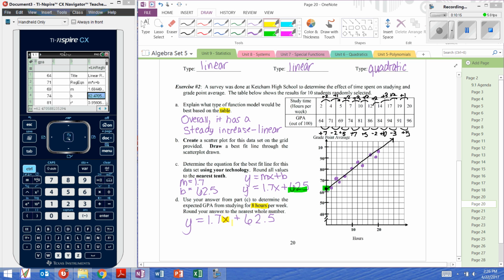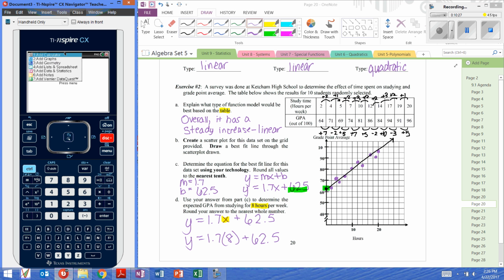So instead of x in our next step, let's just substitute in 8. And I'm going to add the calculate page just so I can make sure that I'm not making any silly mistakes.